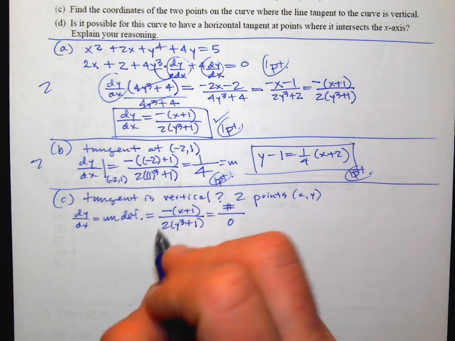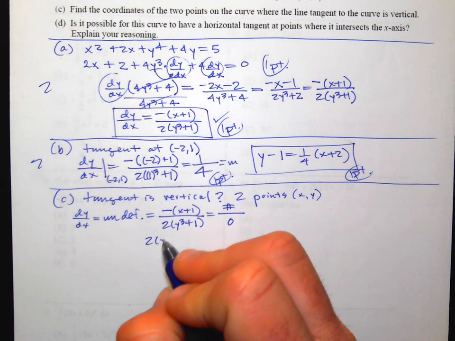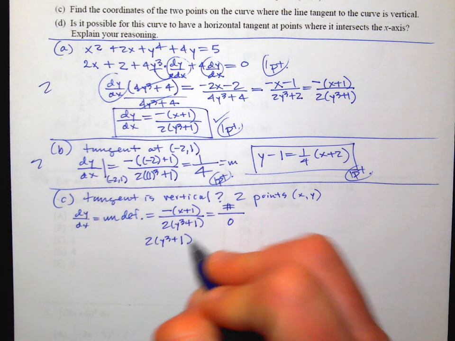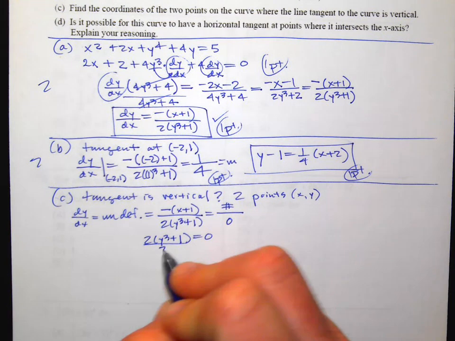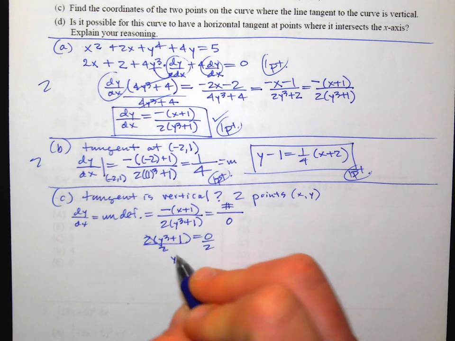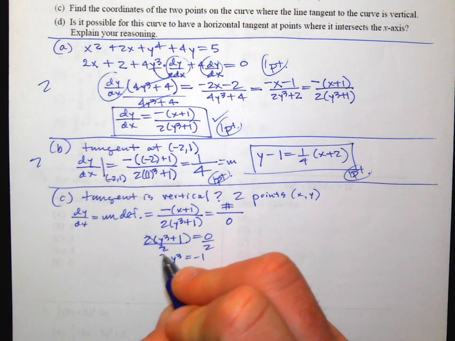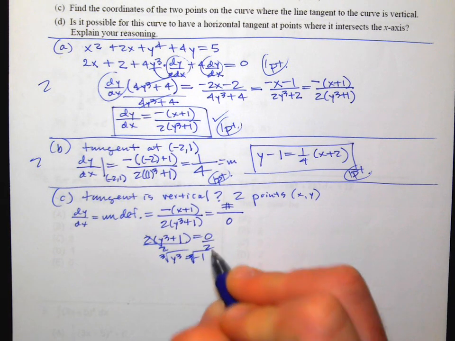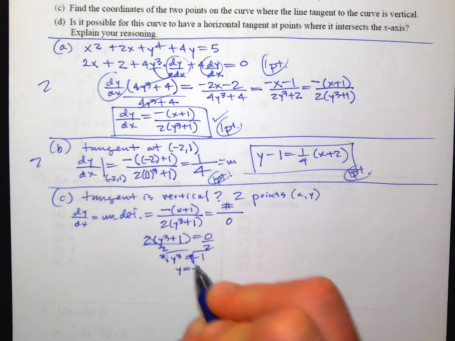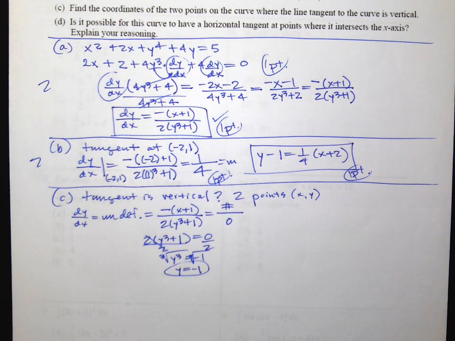So we're going to set the denominator equal to 0. Divide by 2, subtract 1, cube root of both sides. No plus or minus, it's an odd root. y equals negative 1. Now, that's half of your answer because you need the x coordinate also. But something might also bother you, that they said we're going to get 2 answers and this only gives us 1. Well, we'll check back in with that later.